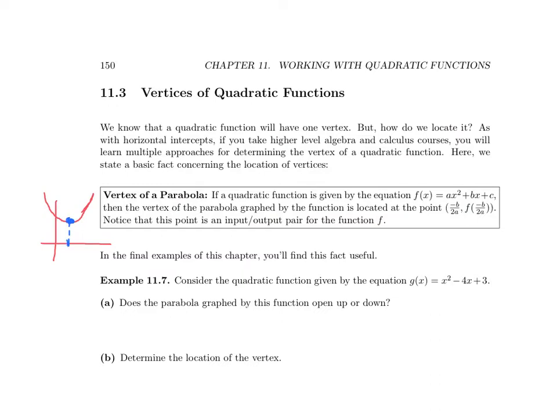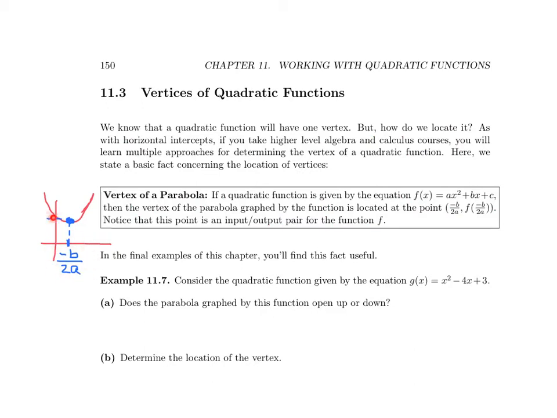The first coordinate of the vertex is given by the formula minus b over 2a, where a and b are the numbers in the standard form of the equation. So this formula gives you the first coordinate of the vertex. To find the second coordinate of the vertex, or the so-called y value, you take this number, which remember would be an input for your function.